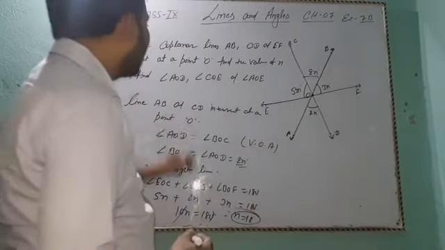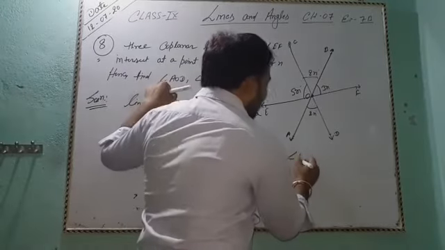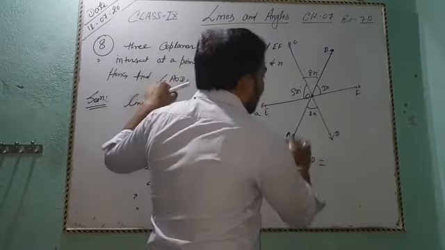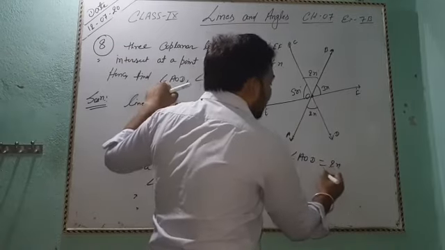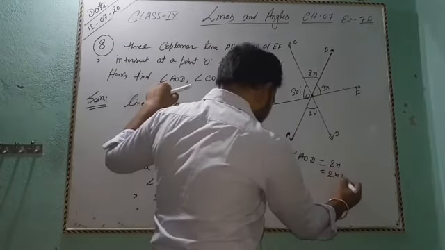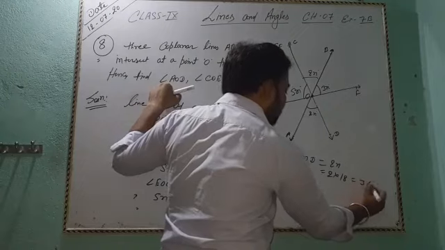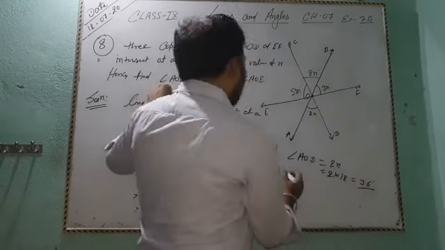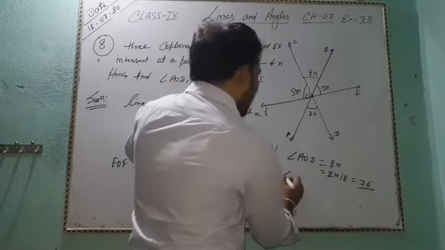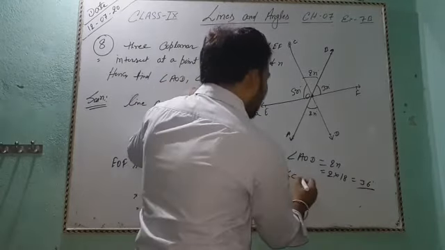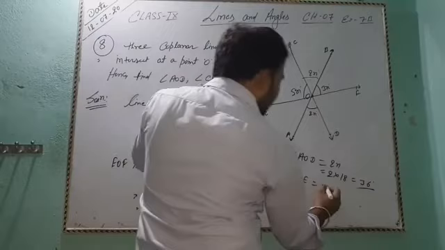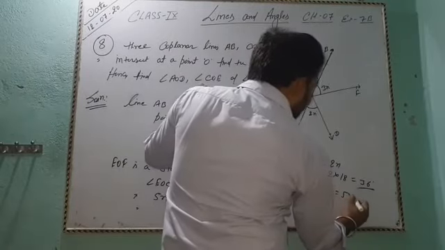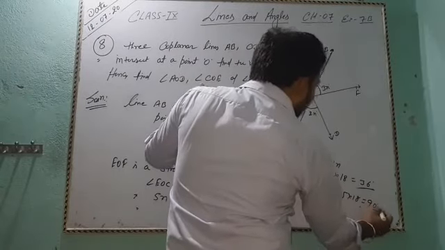For students, angle AOD equals 2x, that is 2 multiplied by 18 equals 36 degrees. Angle COE equals 5x, so 5 multiplied by 18 is 90 degrees.